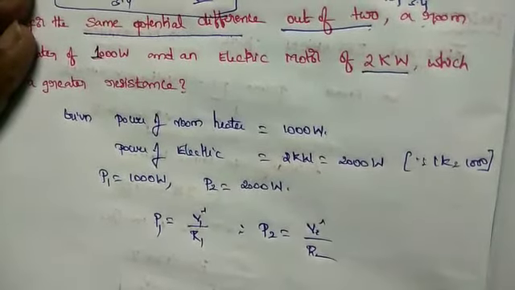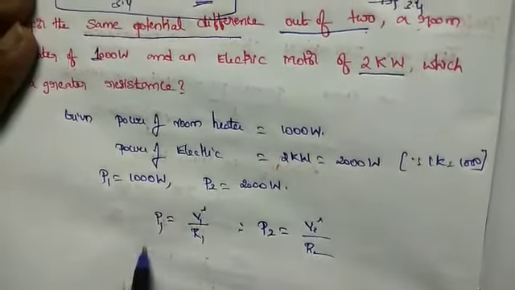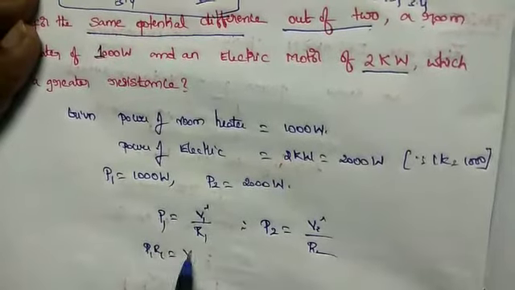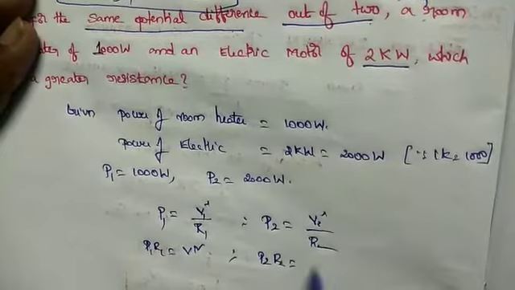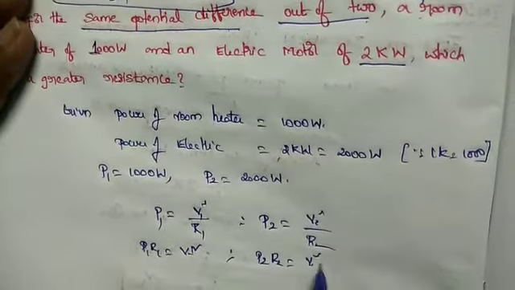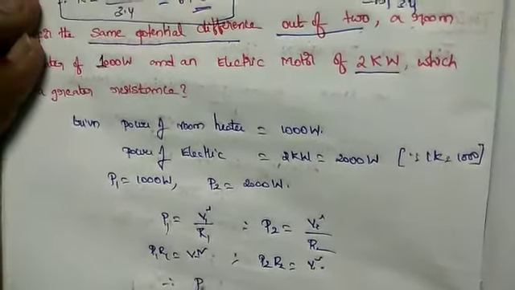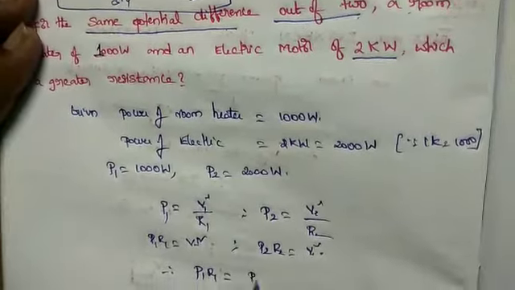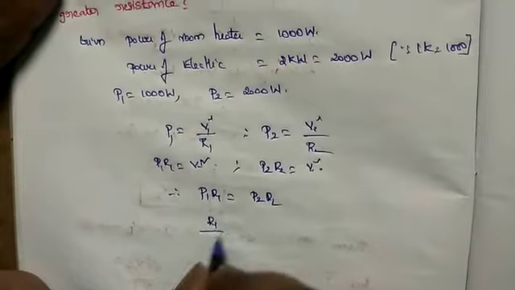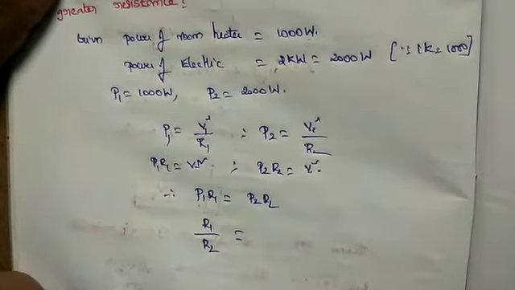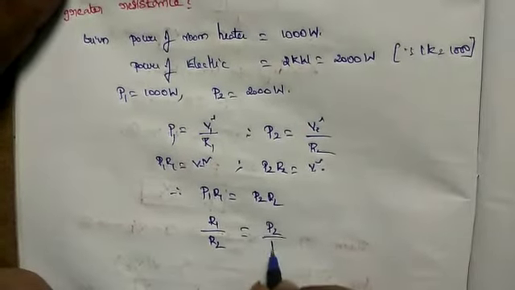With the same voltage, P1 R1 is equal to V square and P2 R2 is equal to V square. So V square is common, and P1 R1 is equal to P2 R2. So R1 by R2 is equal to P2 by P1.